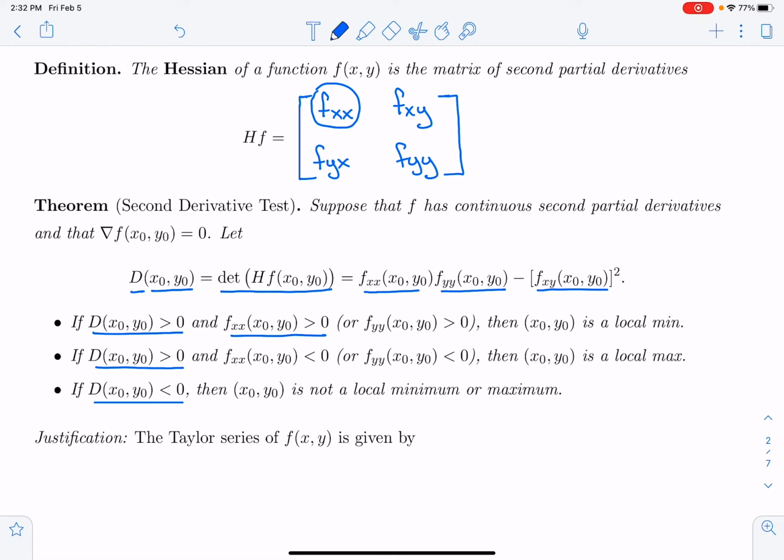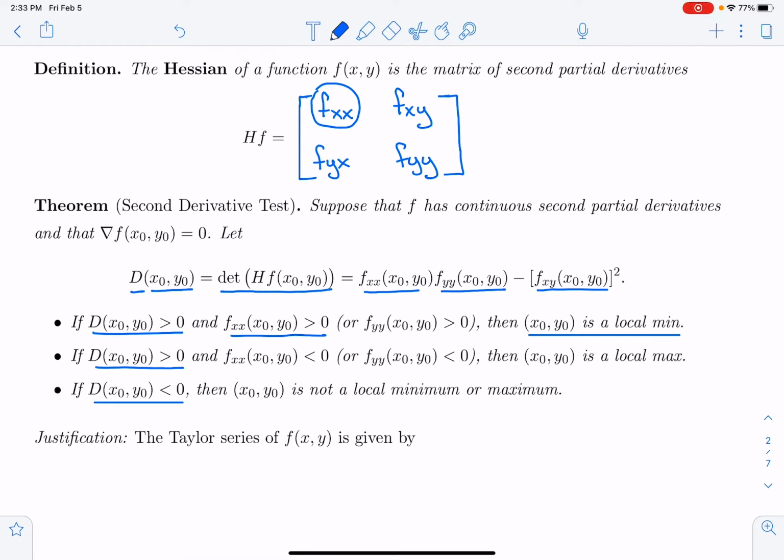So x0, y0 is going to be a local minimum when that upper left corner f sub xx is positive. You can actually do the same thing with the second derivative with respect to y. You just have to pick one and then stick with it. So here we're just going to use the upper left corner f sub xx.